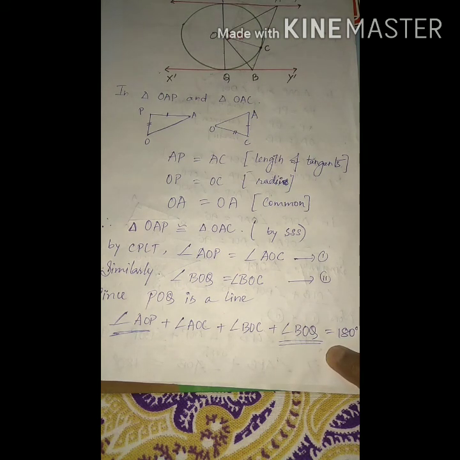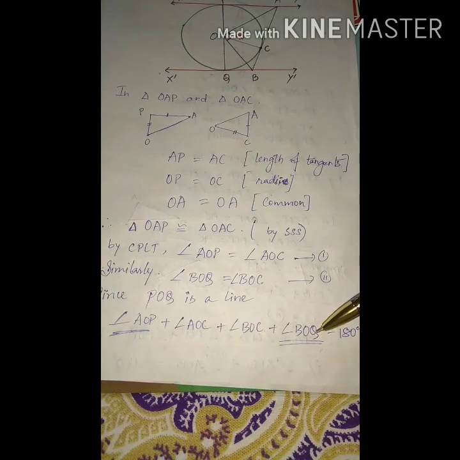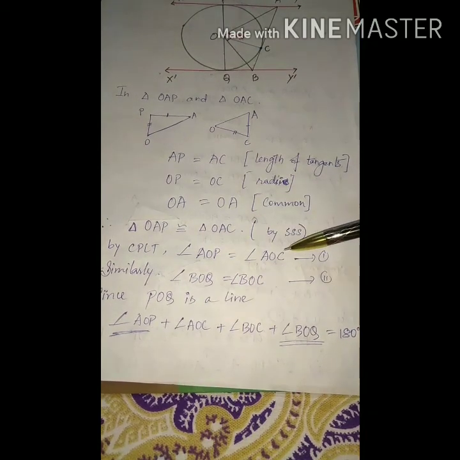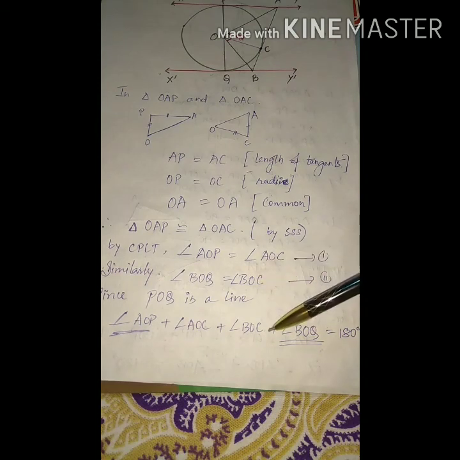The sum of these four angles is 180 degree. So we write AOP plus AOC plus BOC plus BOQ equal to 180 degree. The proof is not complete yet because we need to prove angle AOB equal to 90 degree. So in place of AOP we can write AOC, and in place of BOQ we can write BOC. We have to write these two results here.